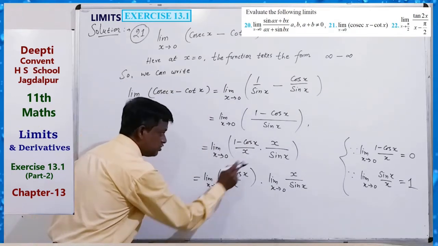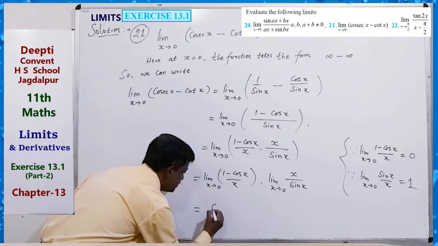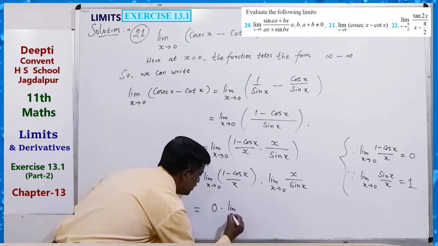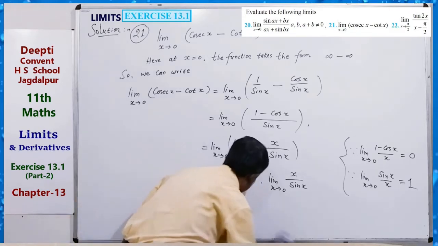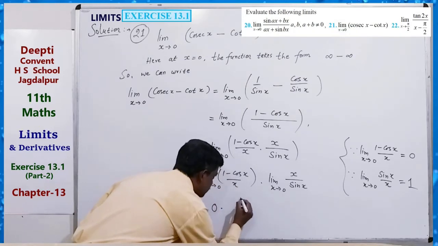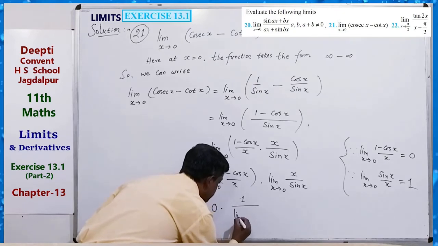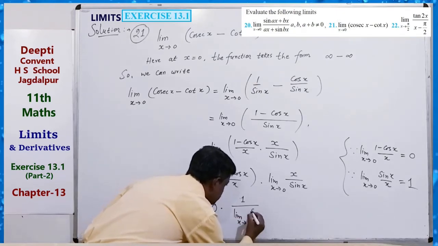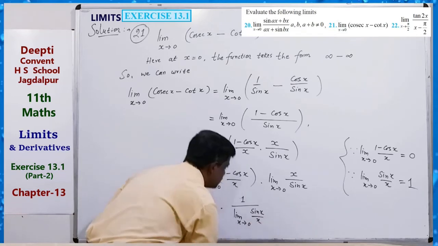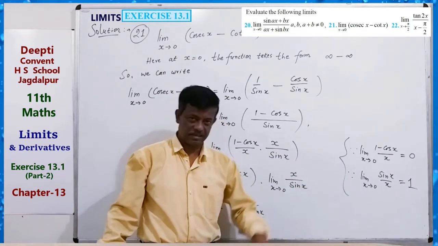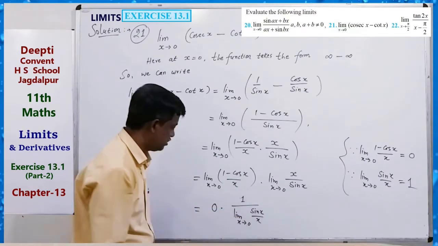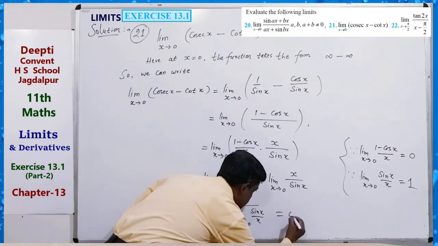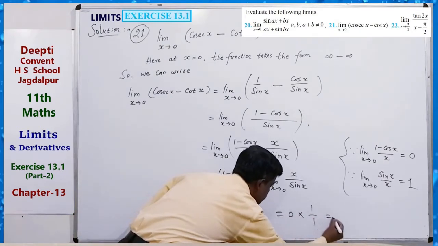So this equals 0 into 1 upon the limit as x tending to 0 of sin x by x, because it can be written as 1 upon sin x by x. The limit of sin x by x is 1. So this equals 0 into 1 upon 1 equals 0.